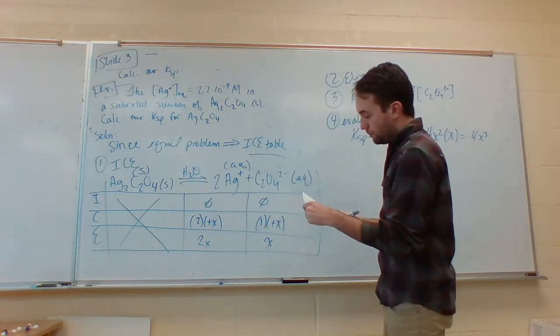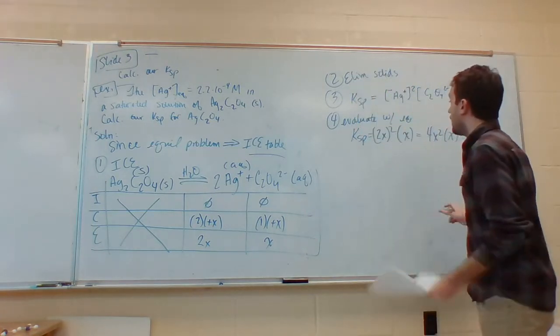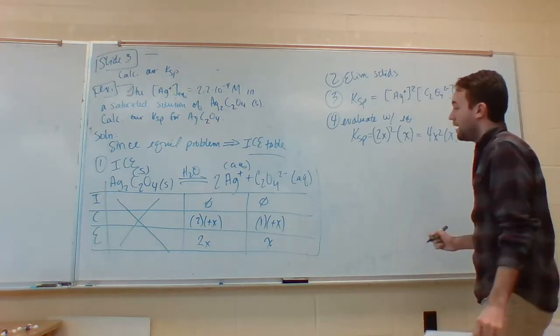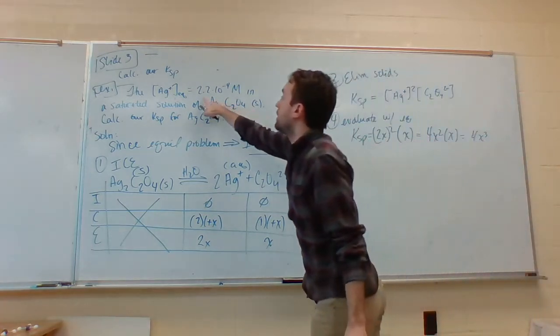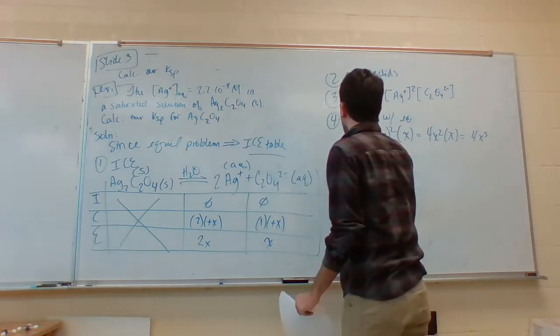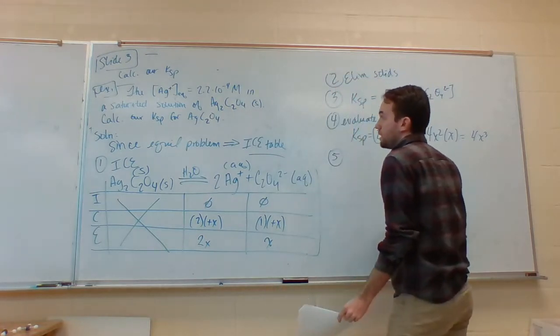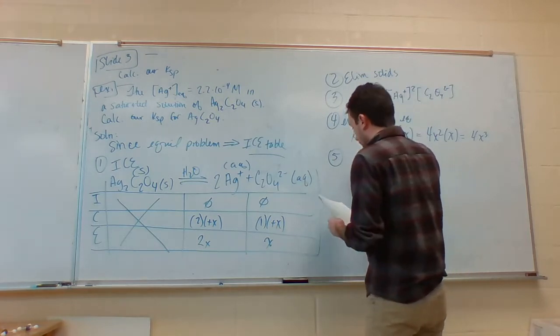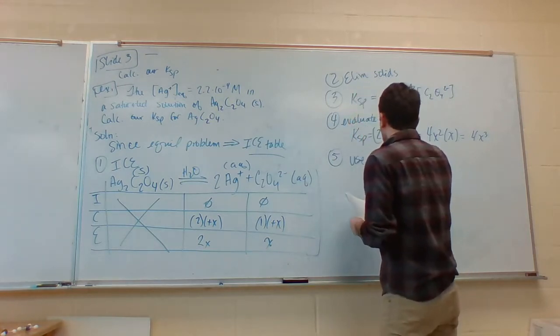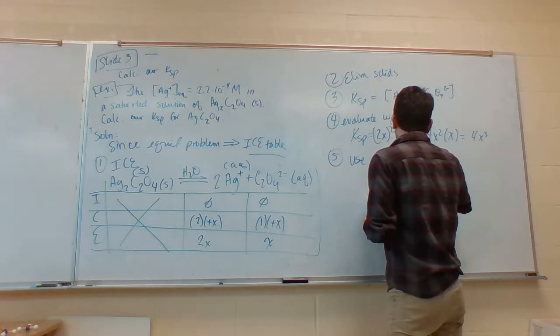Now, we also are looking for our KSP value. It specifically said that our concentration of Ag plus at equilibrium was equal to 2.2 times 10 to the negative fourth. So this is where we use our extra information.